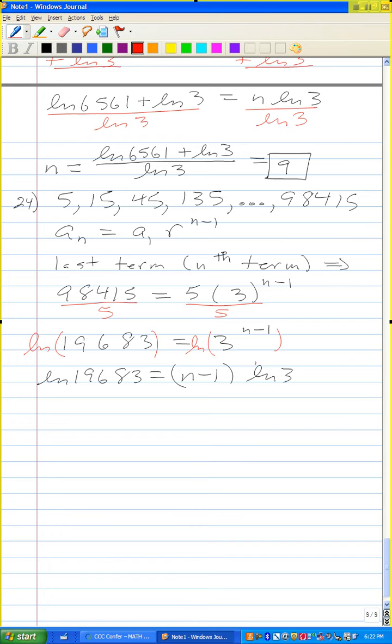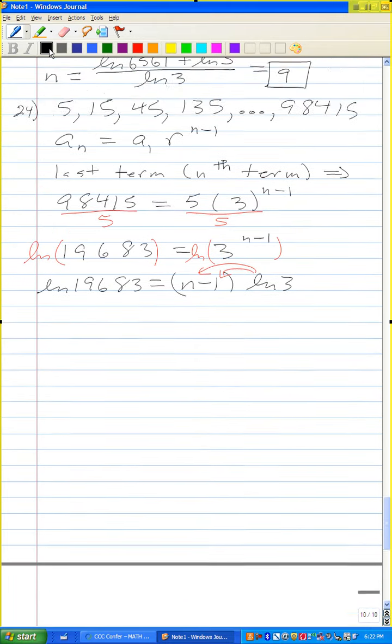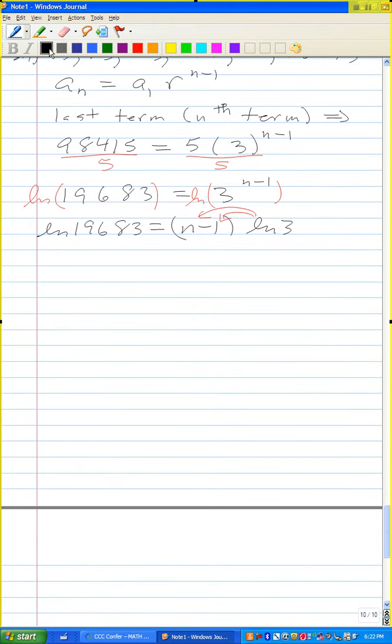Multiply the ln 3 inside the parentheses using the distributive property. So ln 19,683 equals n ln 3 plus ln 3. Subtract ln 3 from both sides of my equation.